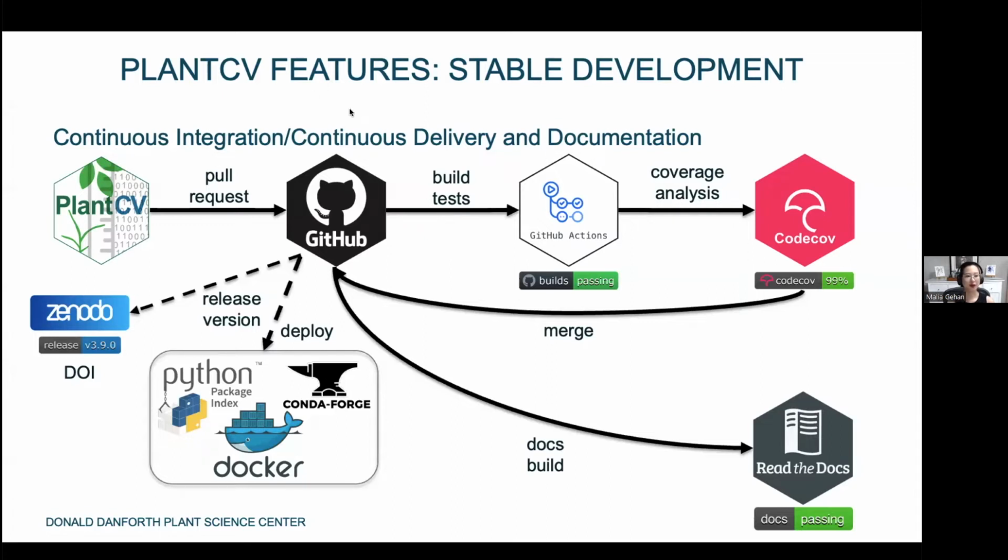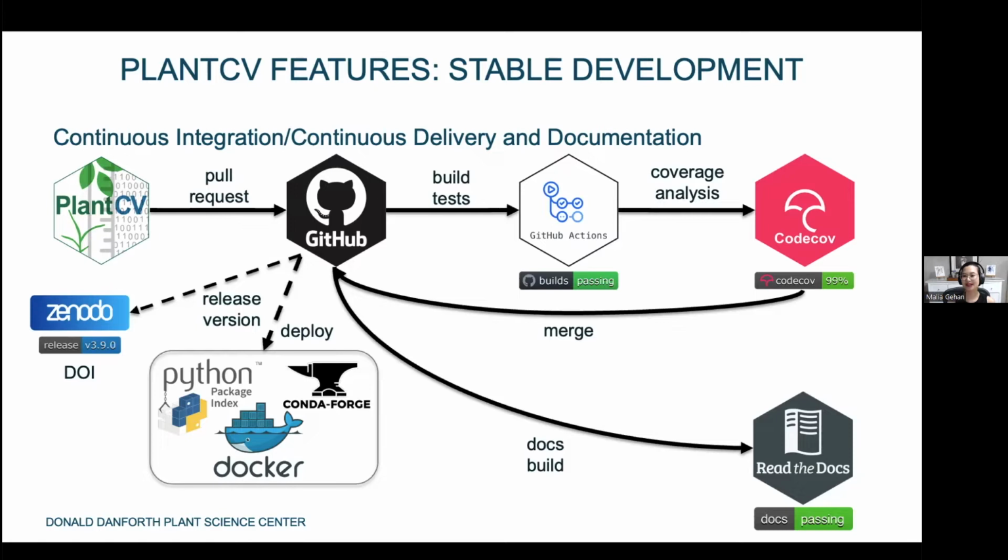PlantCV is openly developed, meaning the latest tools and versions of PlantCV are always available. We do releases, usually so that people know there's a working version, this is the release I'm using for publication. We're on GitHub. Most, if not all of our code requires testing.